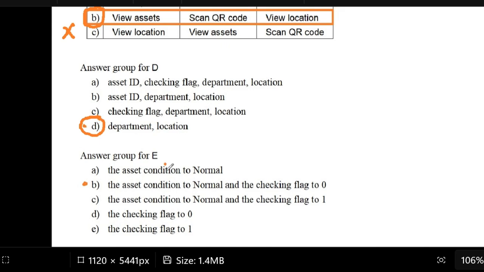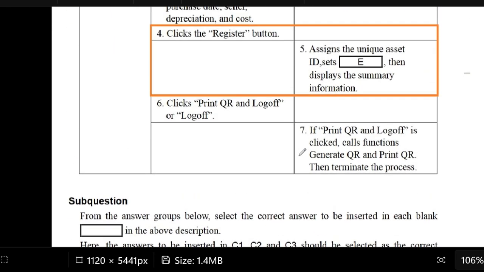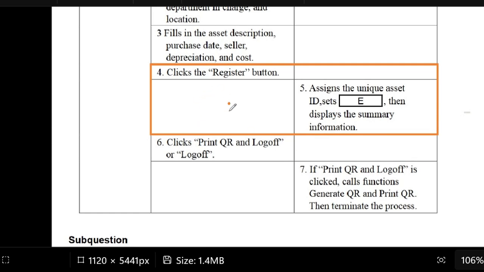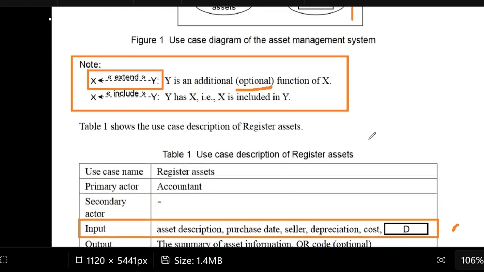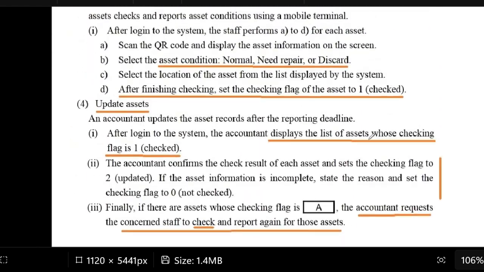Now for the last answer group, letter E, it's saying that we click the register button and assign the unique asset ID and set blank, then display the summary information. We can find the register step here.